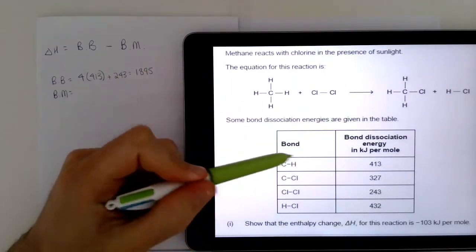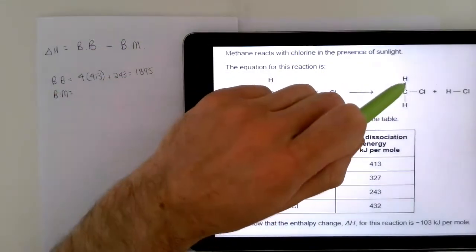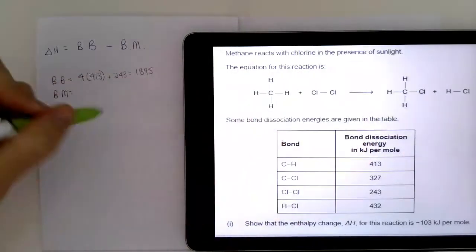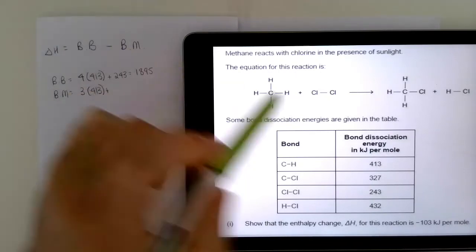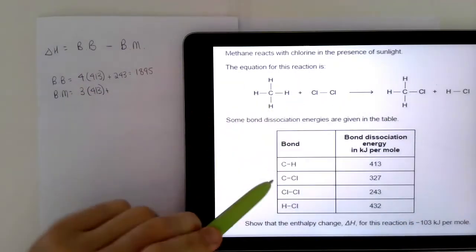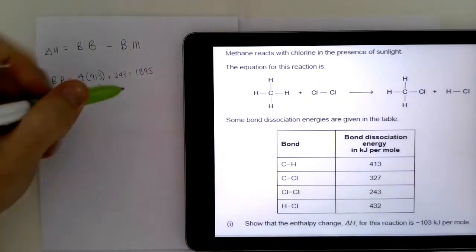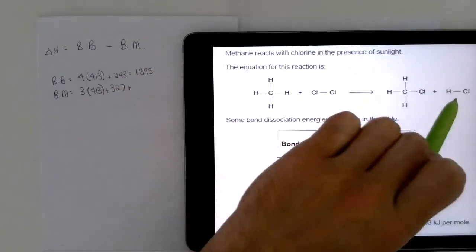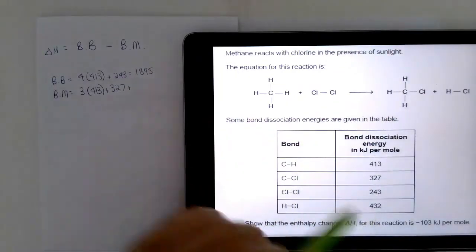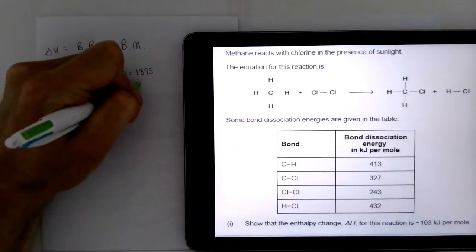And then bond making, in order to make these bonds over here, in order to make the carbon to hydrogen bonds, 413, and I'm making 1, 2, 3 carbon to hydrogen bonds, so 4 lots of 413, plus I'm making a carbon to chlorine bond, so carbon to chlorine 327, and then plus I'm making a hydrogen to chlorine bond, which is 432.